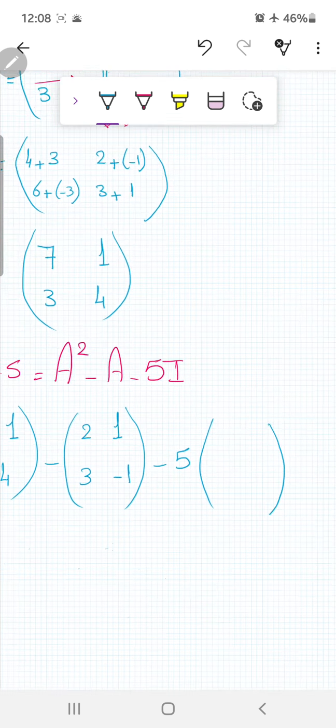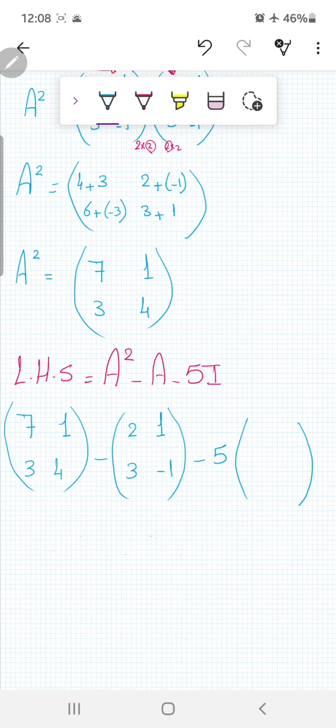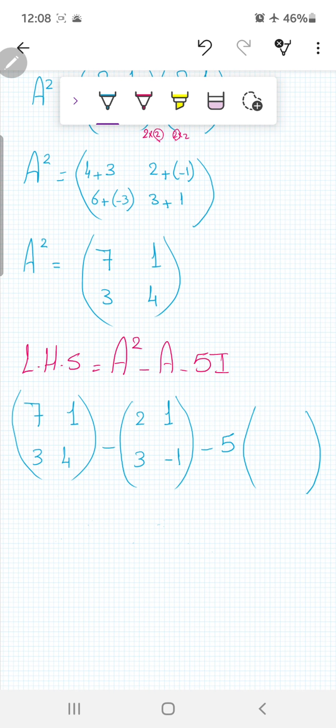The unit matrix could be of order 2 times 2 or 3 times 3, or what? Here we have two matrices of order 2 times 2. So of course here the unit matrix is also 2 times 2. So its diagonal is 1 and the other entries are 0.